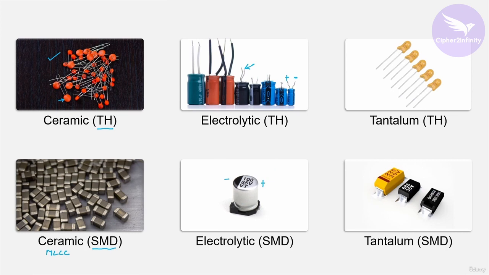In the same way, in this electrolytic through-hole capacitor, this one is negative terminal. Okay, so black marking or this gray marking. You can see all these markings indicate that that's the negative terminal of the capacitor. Okay, and the adjacent terminal is going to be the positive terminal of the capacitor.